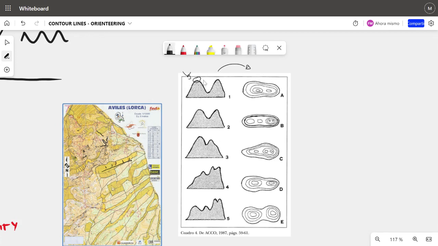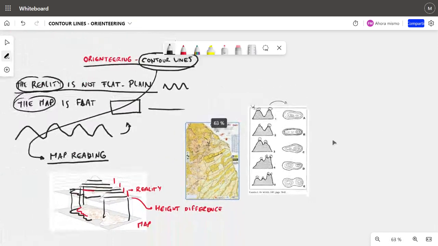We can see here two mountains in these two first, another two mountains here, and 3 peaks in this one, and 4 peaks in this one. This is something that we are going to show that we have learned in the short test that we will take at the end of the unit of orienteering.